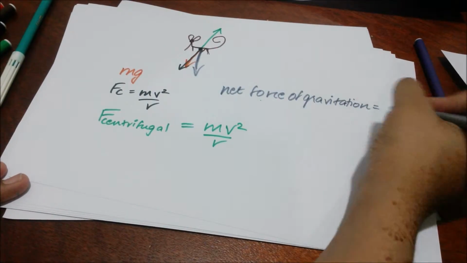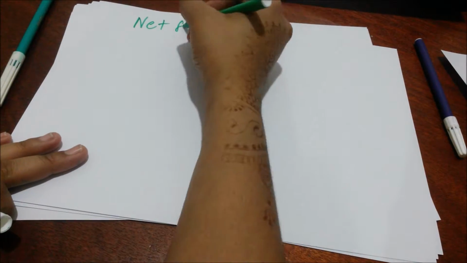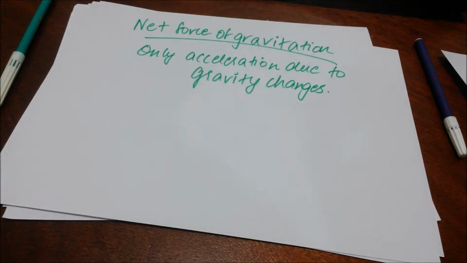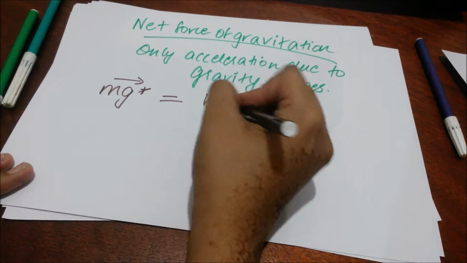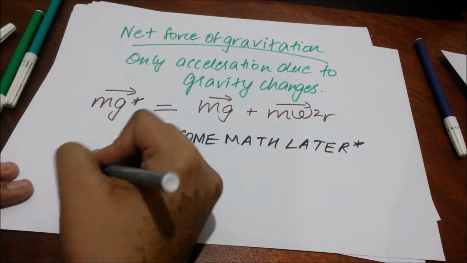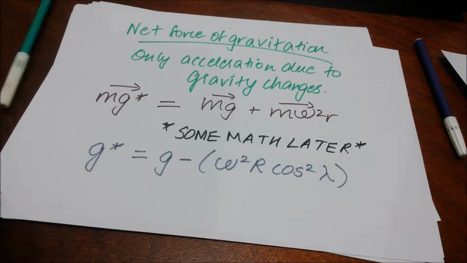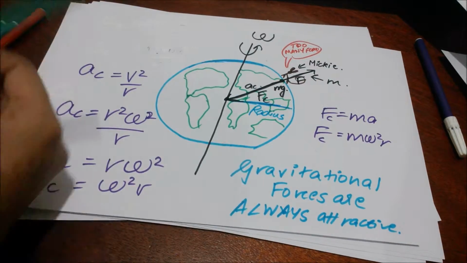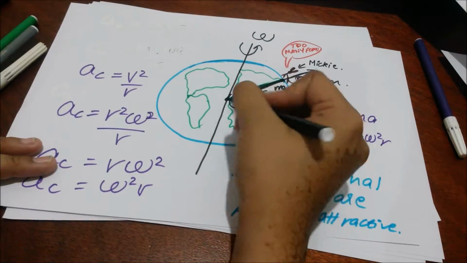Now to find the actual gravitational attraction mg star, we take the vector sum of mg and m omega squared r. Simplifying, this comes out to give g star is equal to g minus omega squared r cos squared lambda. So here, lambda is the angle from the radius and the line joining the object to the center.